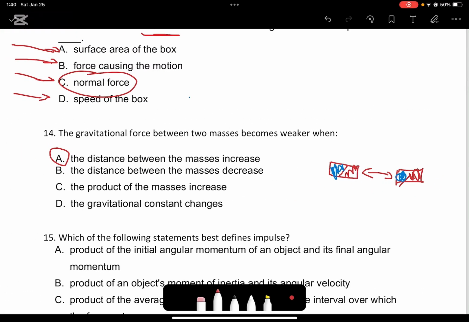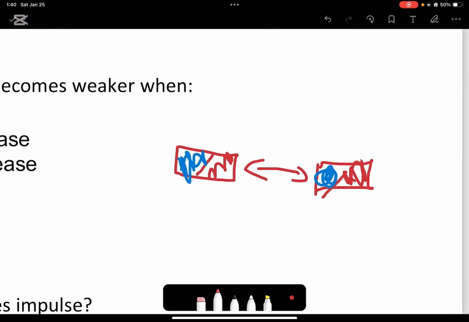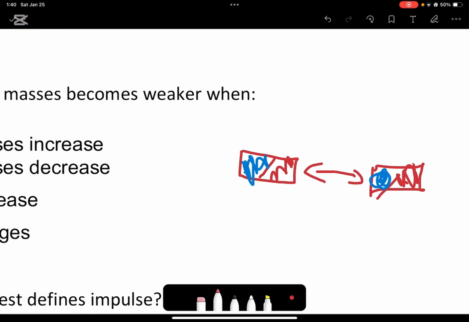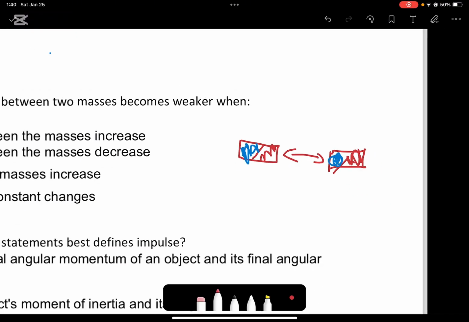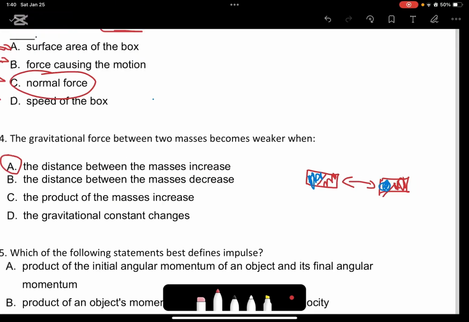The answer is A. Because when you put a magnet beside another magnet with the opposite poles, positive or negative, it's gonna pull it, and then they're gonna be apart. So yeah, when the distance between the masses increases, that is the answer.